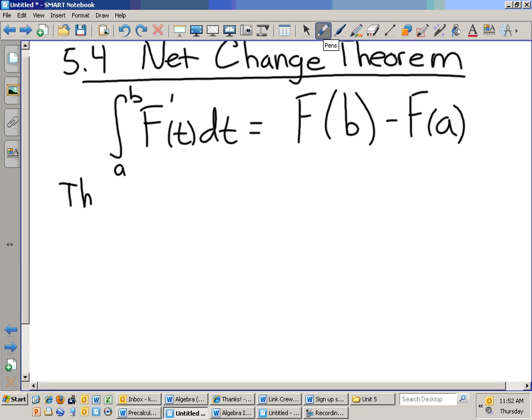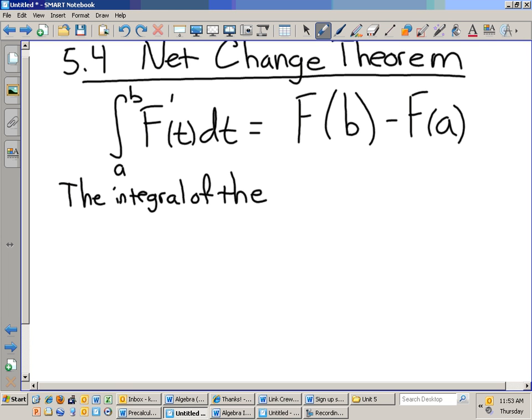The integral of the, what is a word we use to describe, say, derivatives? Slope, rate of change.